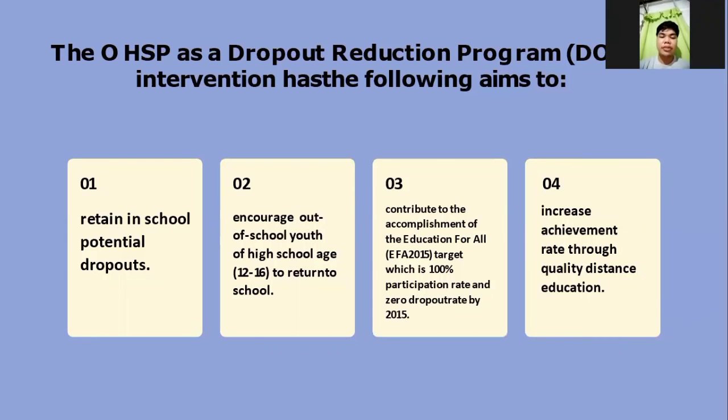Next is to contribute to the accomplishment of the Education for All target, which is 100% participation rate and zero dropout by 2015. And lastly, to increase achievement rate through quality distance education. So the next slide.